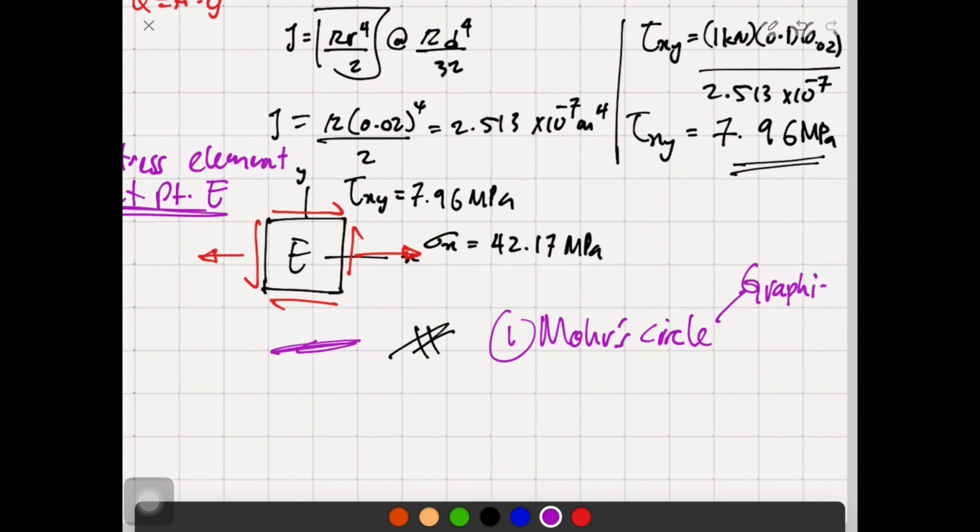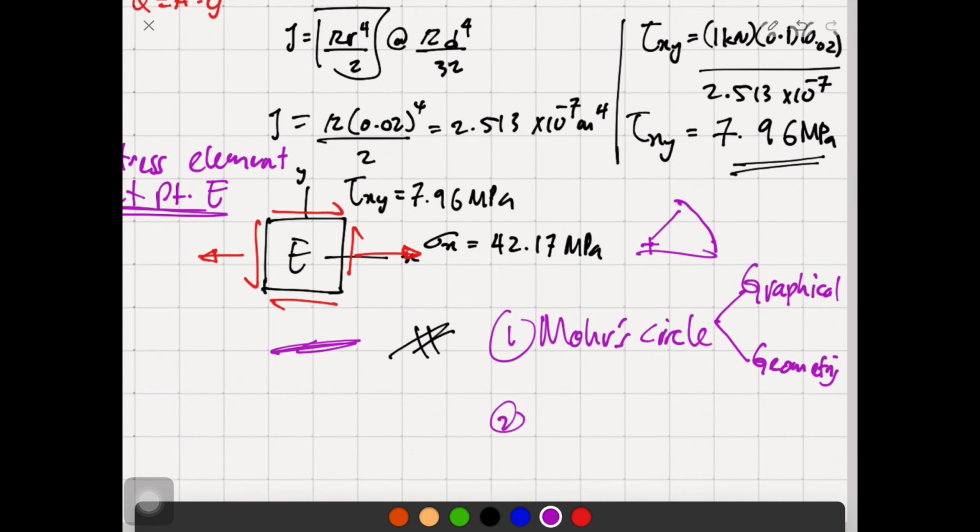What does it mean by graphical? You can just draw, pretty much sketch the Mohr circle, but with known values. If you learned engineering drawing, you need to have at least 3 points to make a circle. 1, 2, 3. This is the origin, and you can make a circle, something similar like this. And this we call geometrical. Geometry is by using graph paper, compass, and your protractor to draw.